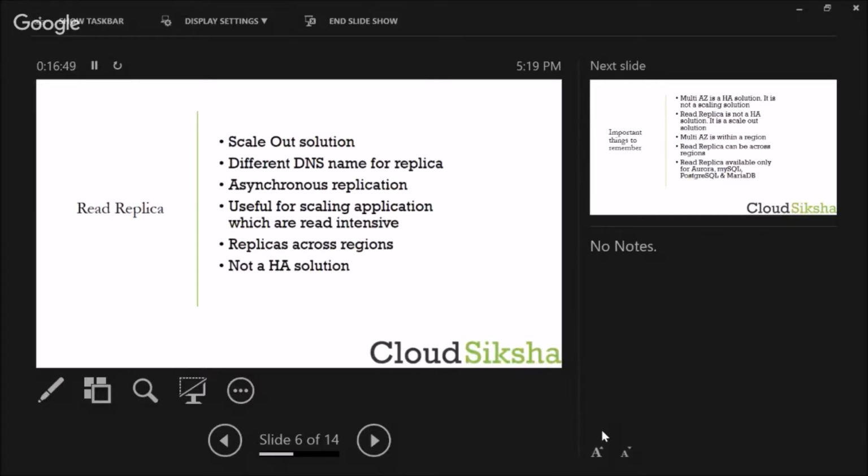Whereas with a read replica, you make a replica and you may give that replica's DNS name to others to connect. For example, in the earlier case, we could make a read replica and give it to the marketing folks to connect. You can tell the marketing folks that they should connect to the read replica.